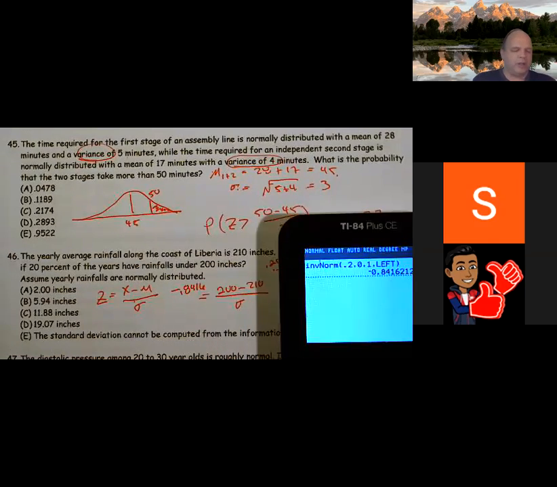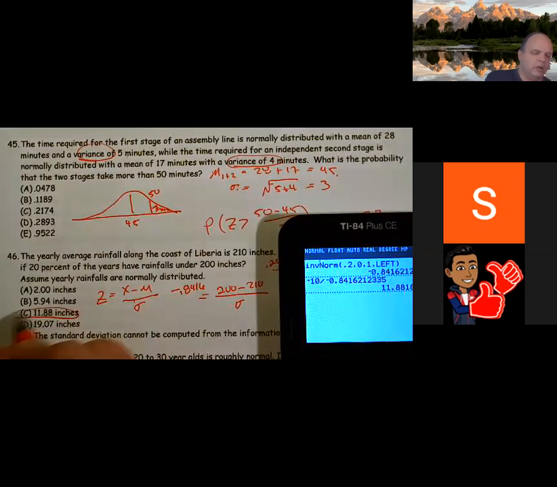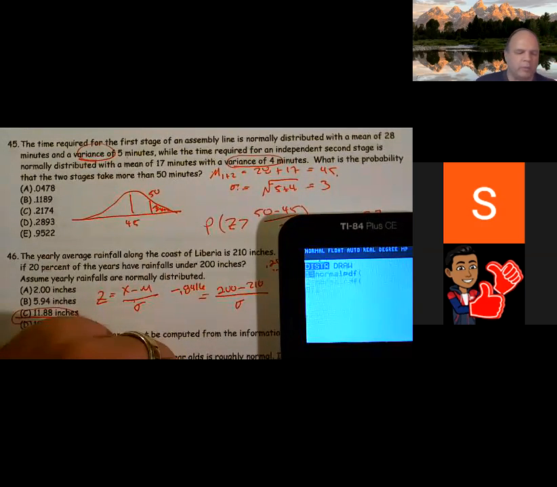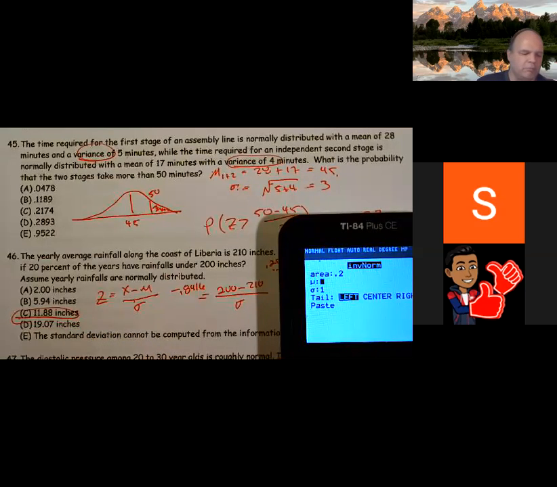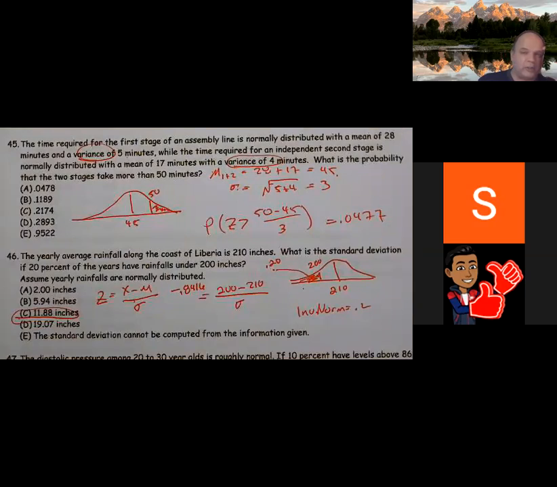When I do my algebra, I end up with negative 10 divided by negative 0.8416, and I get 11.88 inches. You can also check it by running the inverse norm, which would be 0.2, mean of 210. Oh, you can't. You couldn't have done it. Sorry, you had to use algebra on this one. I had to do complicated math.